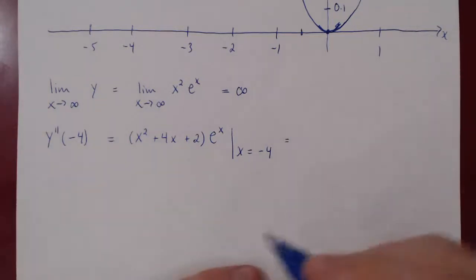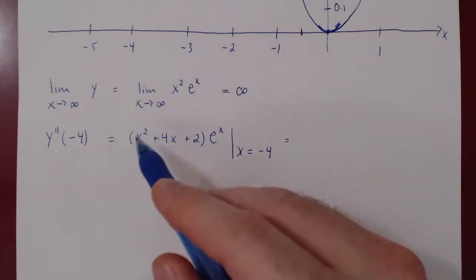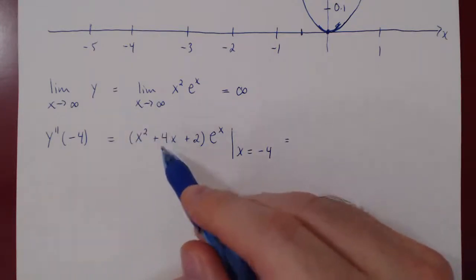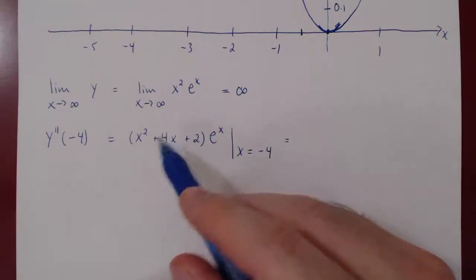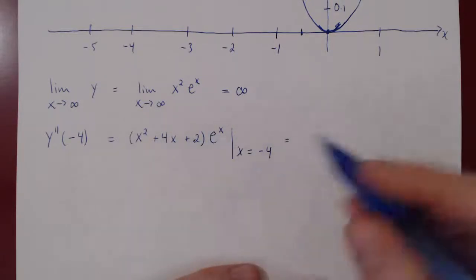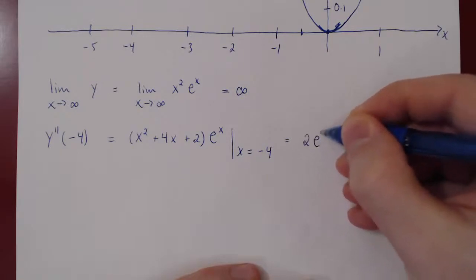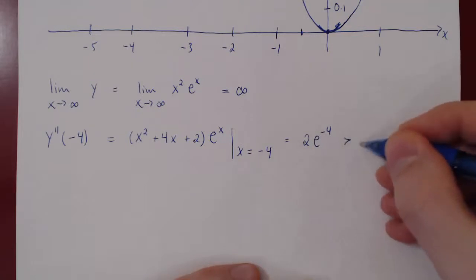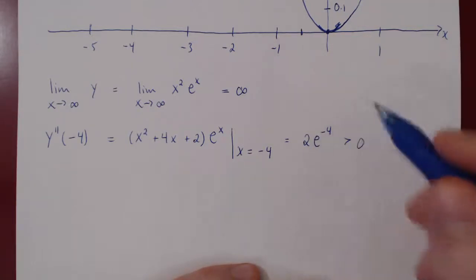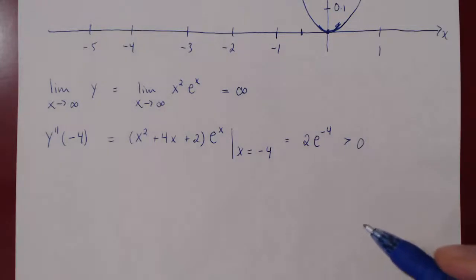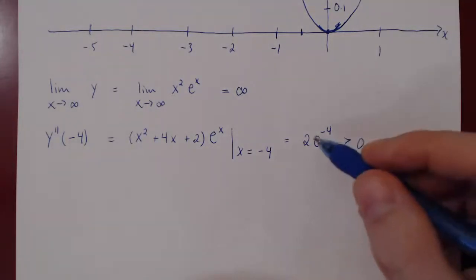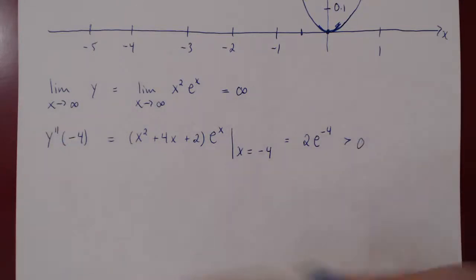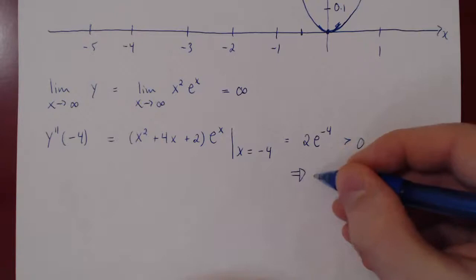Well, let's see what we get. -4 squared is 16. 4 times negative 4 is negative 16, so these two cancel, and you're left with 2 times e to the negative 4, but e to any real number is positive, so this is positive. And you don't need to evaluate this because we don't care what the value of the second derivative is. We only care about whether it is positive or negative. Since the second derivative at negative 4 is positive, the curve around negative 4 will be concave up.